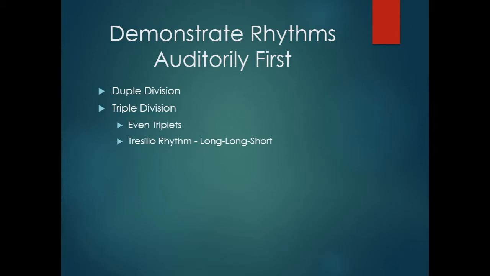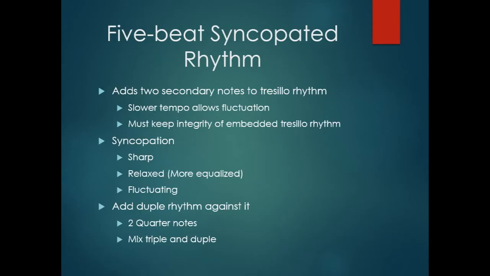So we can also take this rhythm and add 2 secondary notes in between each beat of the tresillo rhythm. So if we add two notes in between each note of the tresillo rhythm, we have the 5-beat syncopated rhythm, which is the main rhythm that we'll be dealing with today.